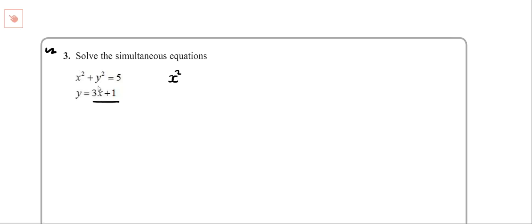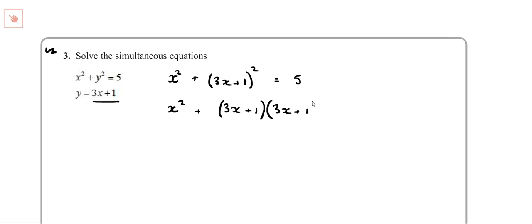We've got x squared plus y squared, so that is x squared plus 3x plus 1 squared equals 5. When we expand, don't forget, it's not 3x squared plus 1 squared. It's 3x plus 1 times 3x plus 1.